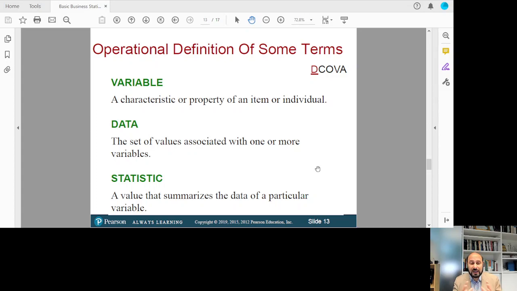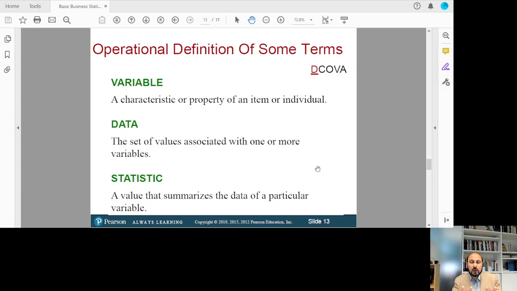Data itself is the set of values associated with one or more variables, and a statistic is a value that summarizes the data of a particular variable. So we have to understand each aspect: how to effectively define the variable, what type of data we need for measuring that variable, and which analysis tool we need to use to create meaning from it.